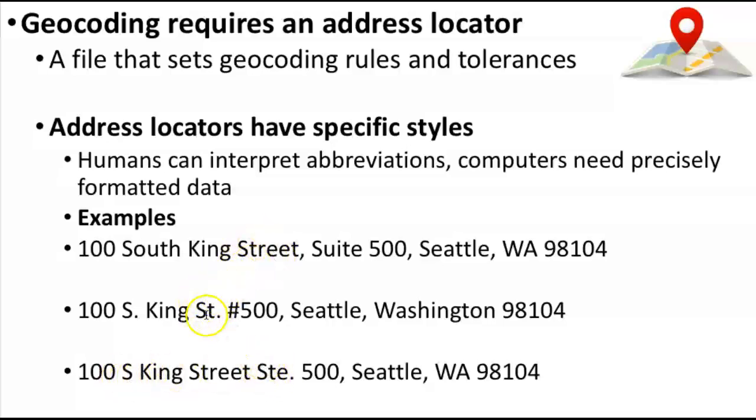Street can also be fully spelled out, or it can be abbreviated. And then the subaddress could also be spelled out as well. Similarly, for the state, some people fully spell out states, others only use the state code. And so, although our address locator should be able to find most of the addresses that we enter into the GIS, there will be some that we'll have to find through human supervision.